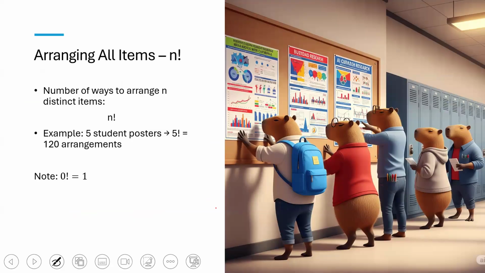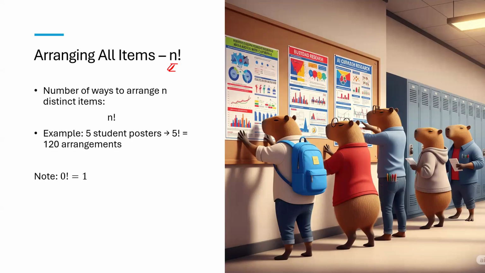When you want to know how many ways you can arrange all items in a group, use n factorial, or n with an exclamation point. That's how we read that exclamation point, factorial. It means we multiply a whole number by every positive whole number below it.